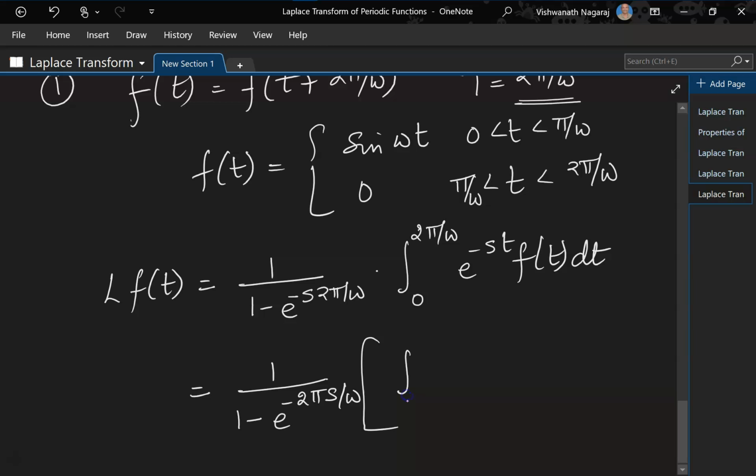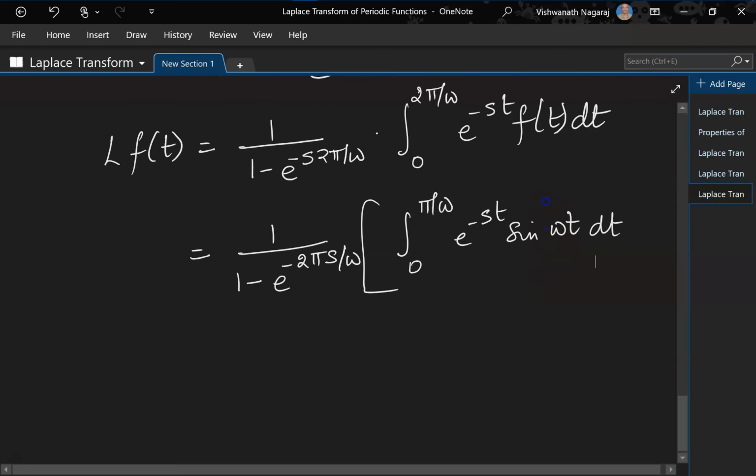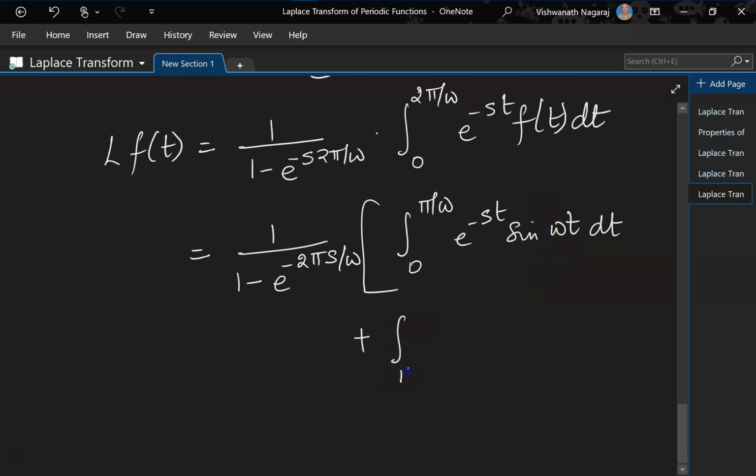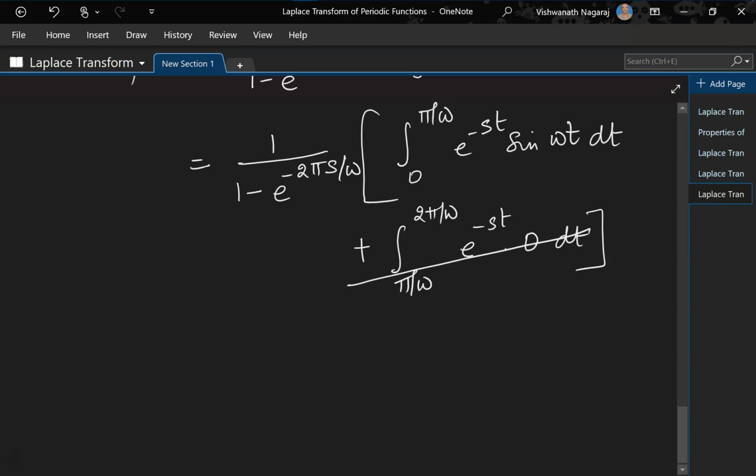So this would be integral from 0 to pi by omega e to the power of minus st sine omega t dt, plus integral of pi by omega to 2 pi by omega e to the power of minus st. Remember the function is 0, so 0 dt, which means this cancels out, not required at all.